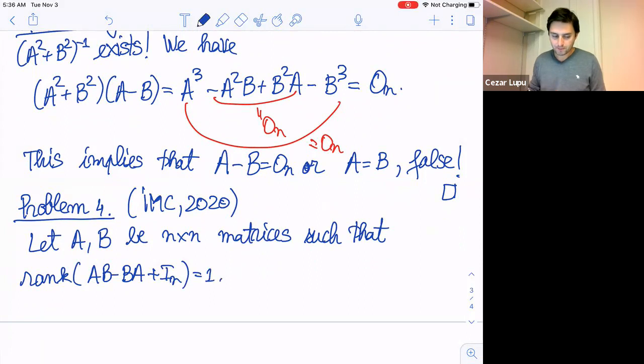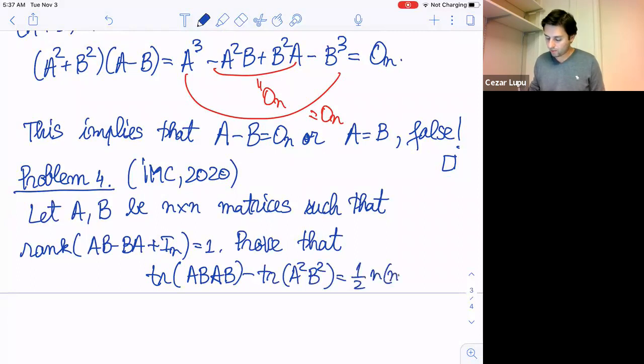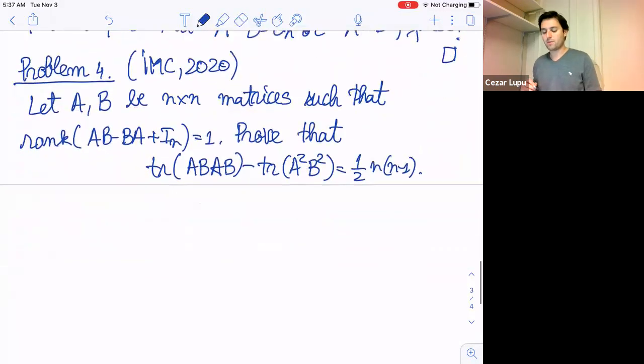I think we've met this matrix a couple of times. Here I_n is the identity matrix. Now we're asked to prove that the trace of AB minus the trace of A squared B squared is 1/2 n times n minus 1. All right, so this was the problem.